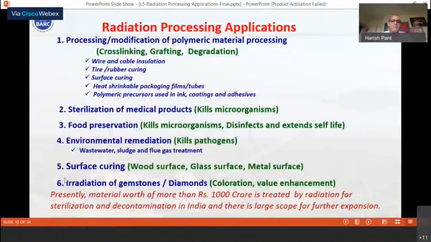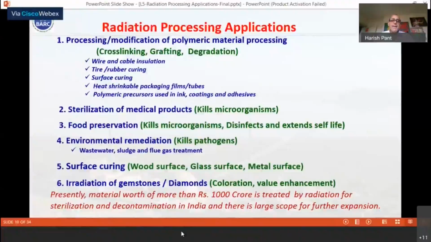And then another important application of radiation processing is the irradiation of gemstones and diamonds. This irradiation causes the coloration of the diamonds and these precious stones, and it enhances the value of those materials.